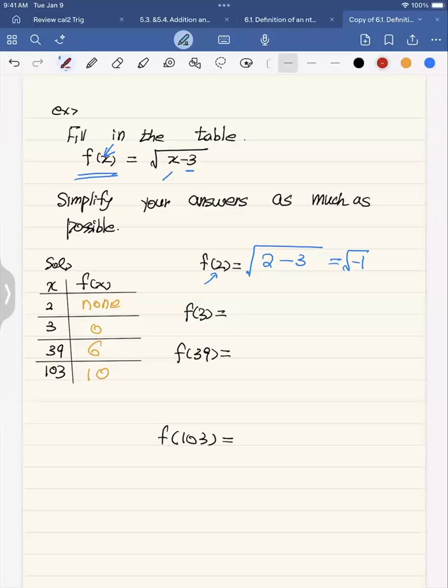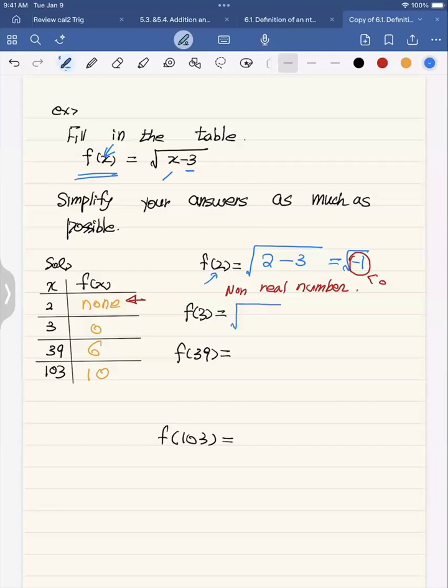What is problematic is that minus 1 is a negative number, so that doesn't qualify to be a real number. So the function is not defined.